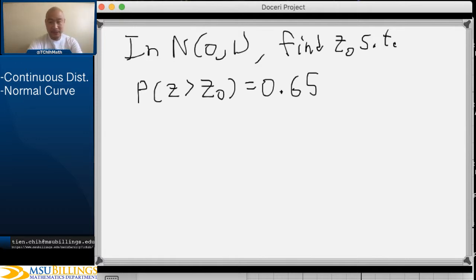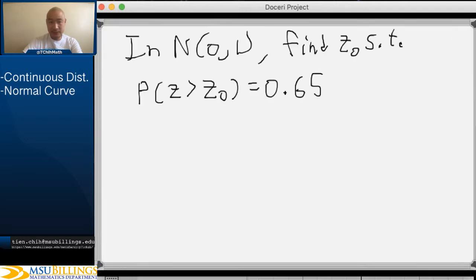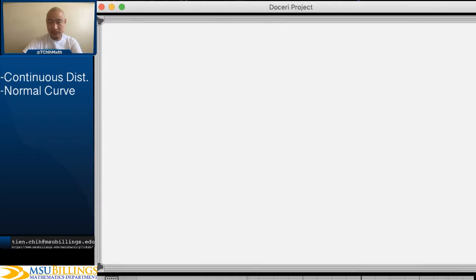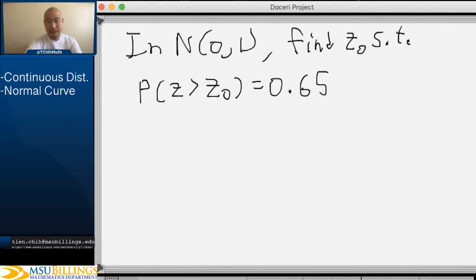For something like this, I always recommend that we draw some sort of picture that helps illustrate what it is we're about to do. So let's take a look at our normal curve.